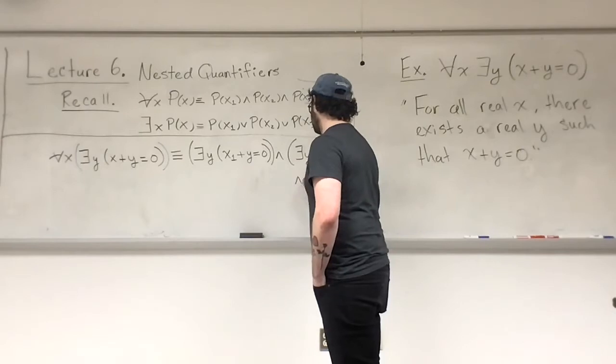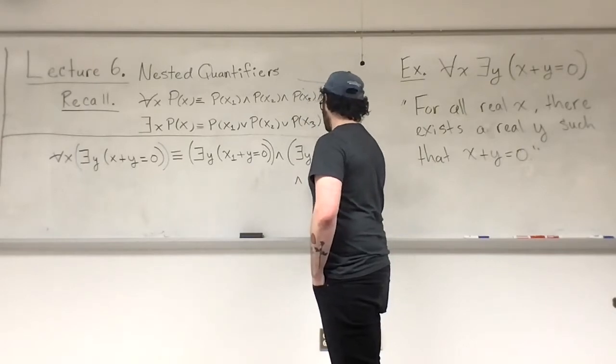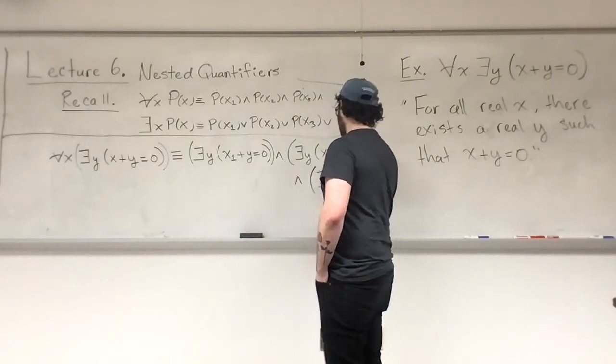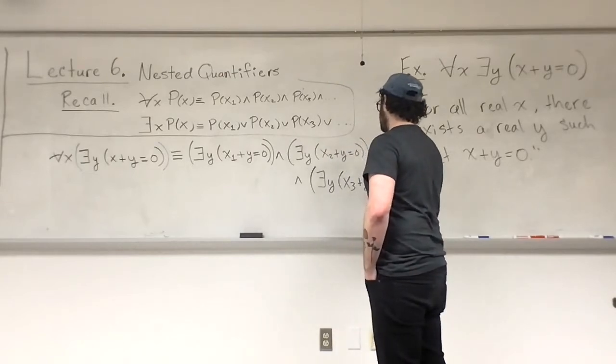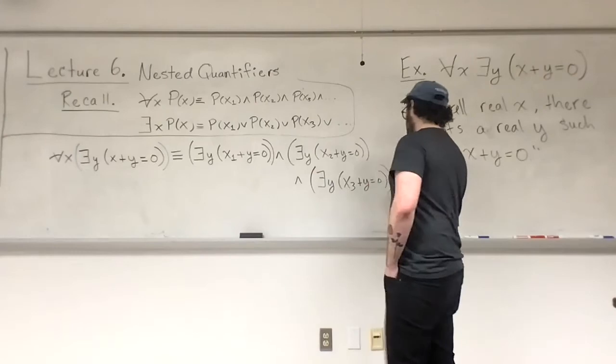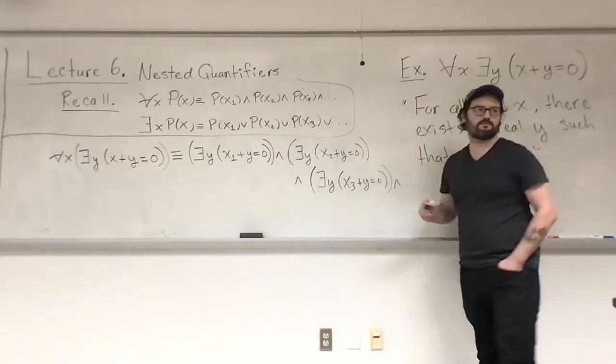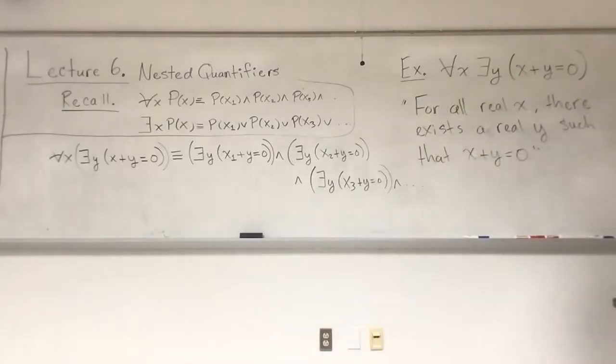I'll write out one more: there exists y such that x3 plus y is equal to 0. And dot, dot, dot, off forever over all possible x in the domain of interest.